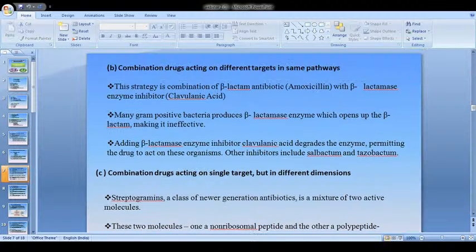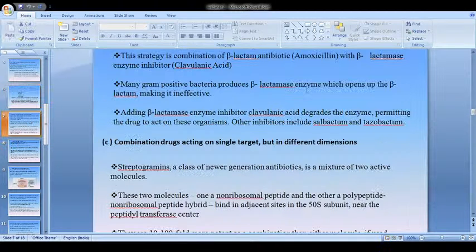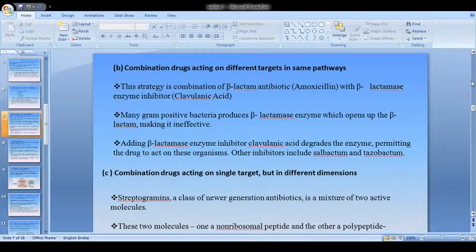Here the drugs which act on the same pathway are a beta-lactam antibiotic, amoxicillin, with a beta-lactamase enzyme inhibitor, clavulanic acid. It acts as an enzyme inhibitor in combination with the beta-lactam antibiotic. Many gram-positive bacteria produce the beta-lactamase enzyme, which opens up the beta-lactam and makes it ineffective.